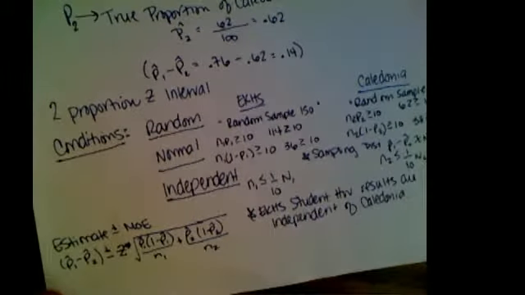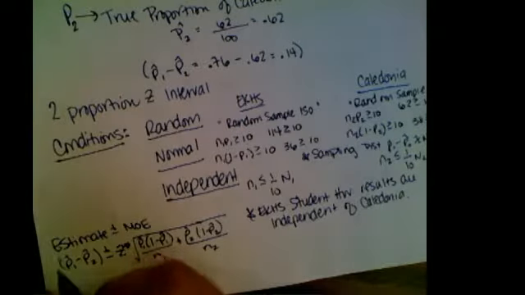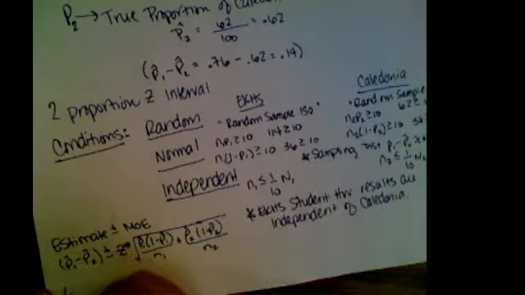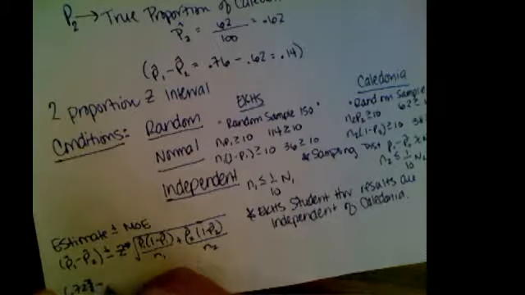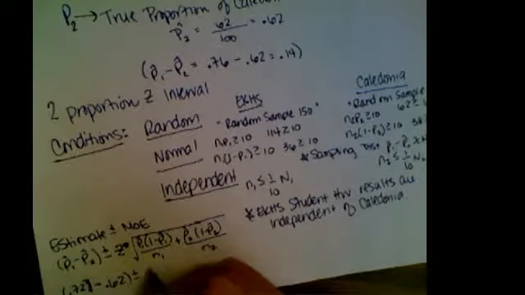Okay, so we're going to plug those numbers in, and then we could simplify it down, or we could use our calculator. So if we plug our numbers in, 0.76 minus 0.62 plus or minus, I'm doing 95%. Hopefully we have that memorized.